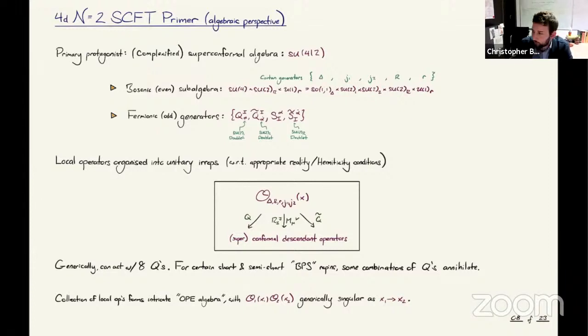And this is generically a singular operation. And so you need to look at sort of the various terms that appear with different strength singularities when you try to take that collision limit. There's a whole story there, but the virtue of studying special operators that live in special representations will be that we can extract simpler algebraic structures that sort of have a more transparent relationship with geometry.